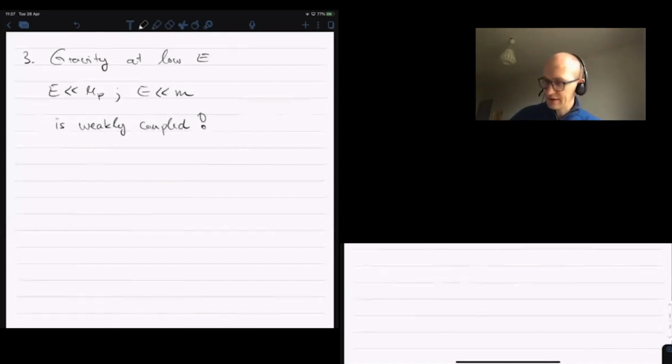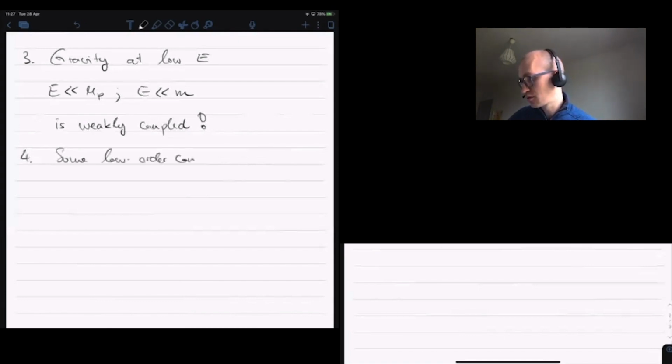So now let's just look at some examples. Some low order contributions. The leading contribution is when L is equal to 0 and then P is equal to 2. Okay, and so what can we get there?